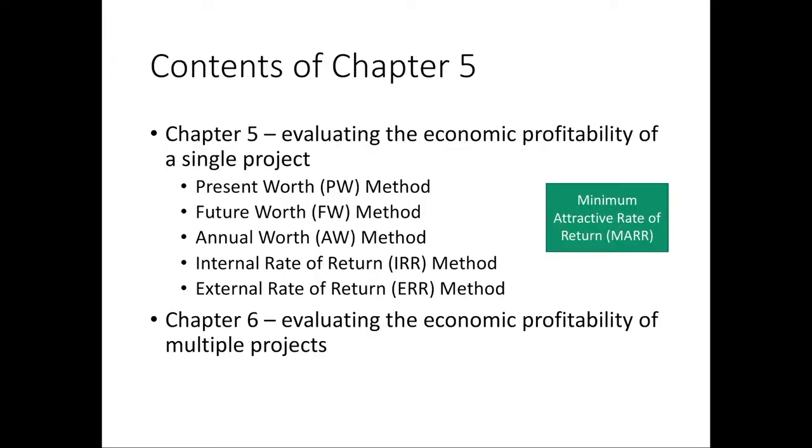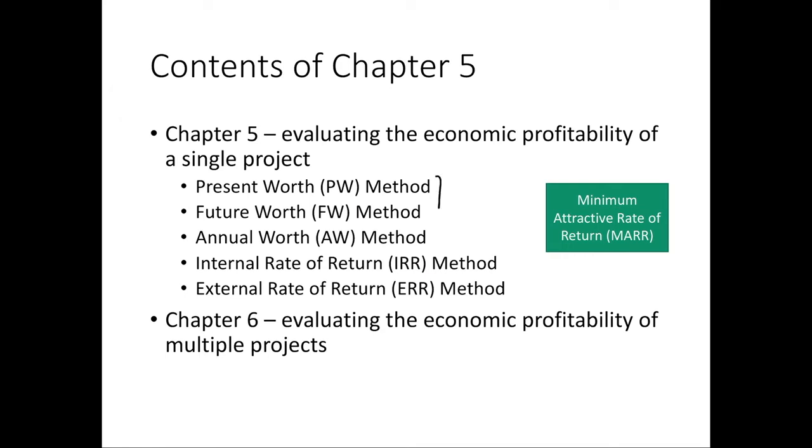So the contents of chapter 5, you are going to learn 5 different methods that you can use to evaluate if the economic profitability of a single project is good or not. Okay, so the 5 methods, they are present worth method, future worth method, annual worth method.